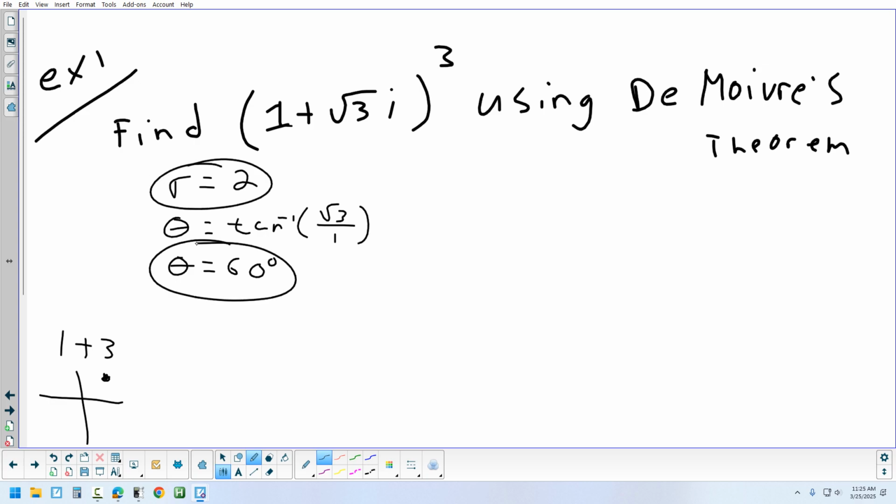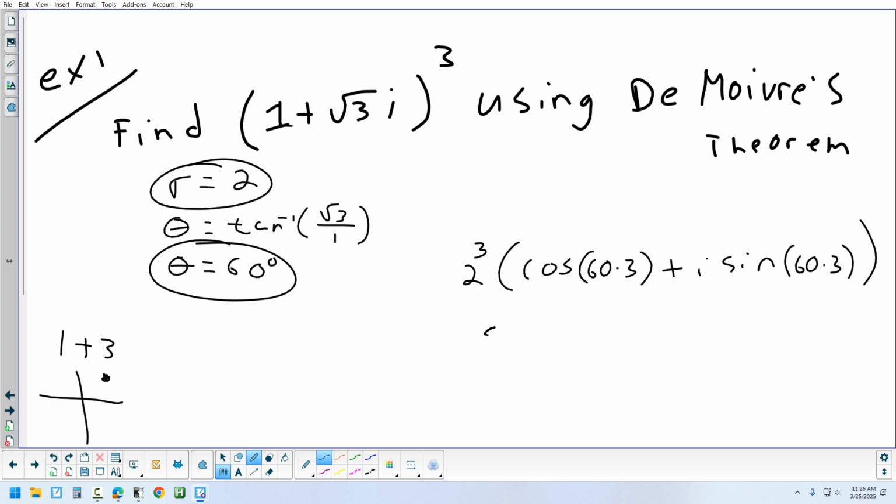Now, to get the final answer, what are we going to do with our radius? Cube it. And what are we going to do with our angle? Times it by 3.